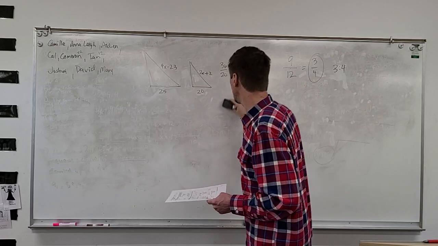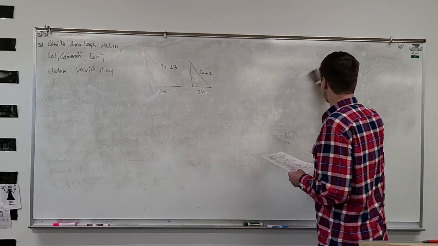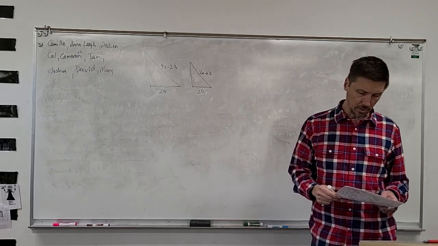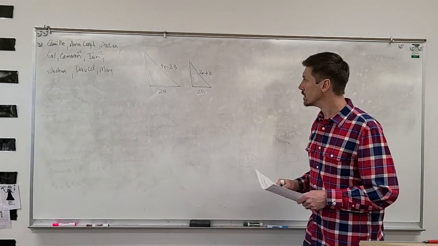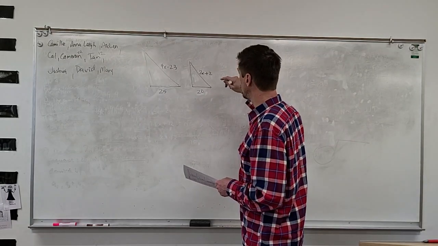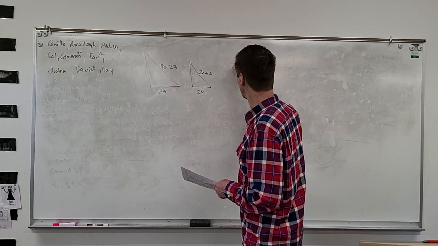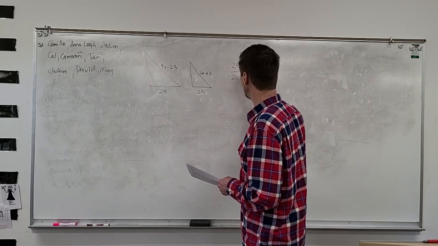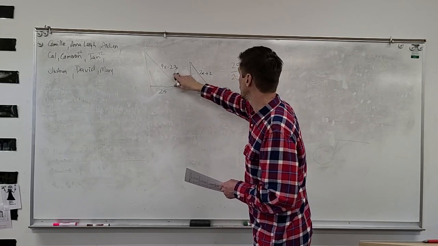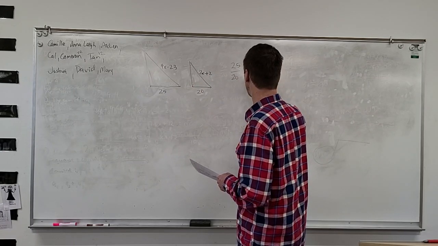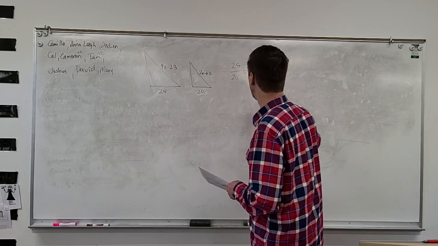Then you'll be in good shape to write down your relationship between the two. We could write it down in different orders, but we could say 25 over 20. This side to this side has got to equal the proportion between this side to this side. So 4x minus 23 over 2x plus 2.